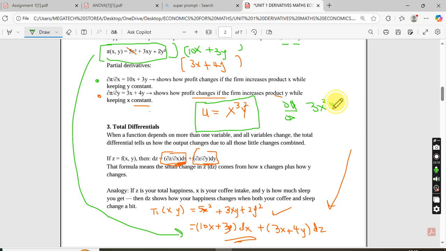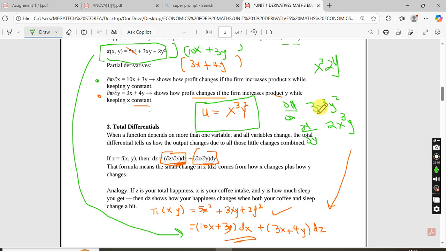Then the other one, with respect to y: x to the power 3, then 2y. We put the number first, so this 2 has come here, so 2x cubed y. It won't look nice if you put x cubed then 2y, like this. Never leave an answer like this.